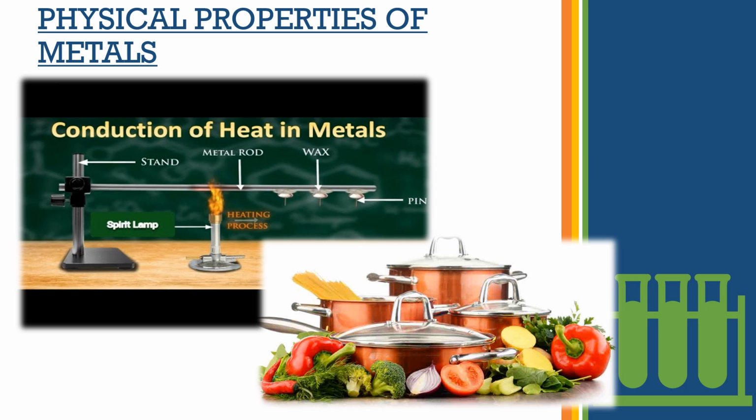Because they show high melting points as compared to other materials. So here we have some examples: metals are good conductors of heat and have high melting points. The best conductors of heat are silver and copper, right? Silver and copper, and lead and mercury are the bad conductors of heat.